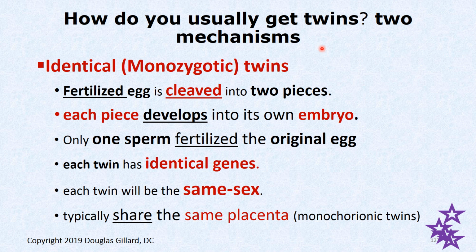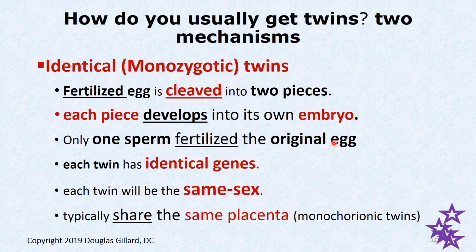So there are 2 types of mechanisms for creating twins. My daughter just had twins. So the more rare type is an identical twin or a monozygotic twin. In this case, the fertilized egg is the problem, or what went wrong. Only one sperm fertilizes an egg. And during cleavage, which we'll start talking about today, it cleaves at the wrong time and creates two separate fertilized eggs, so to speak, and they both grow on their own pathway.